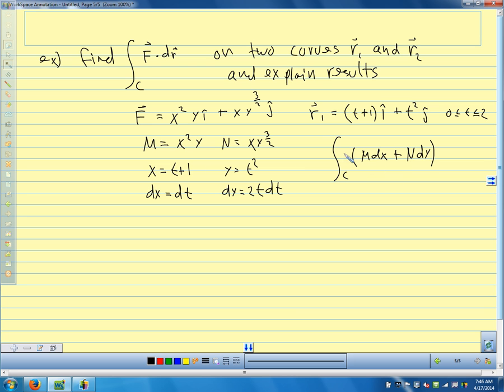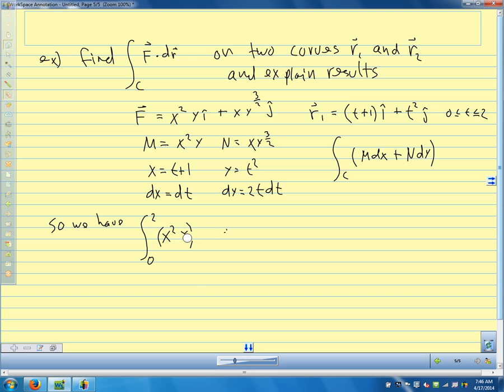So our line integral becomes the integral t equals 0 to 2 of m, which is x squared y, times dt, plus, oops, I forgot, I need to express this in terms of t, not x and y.